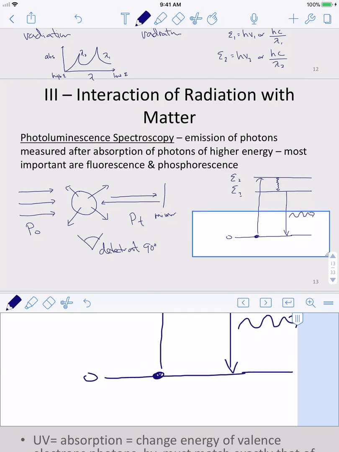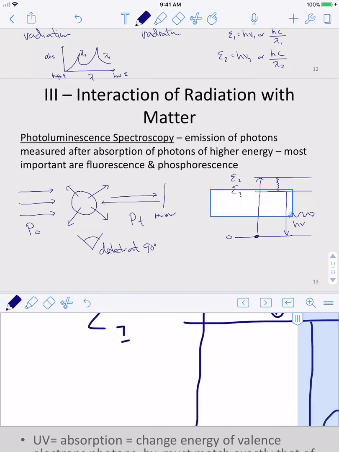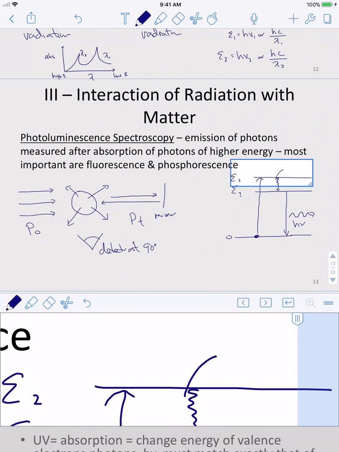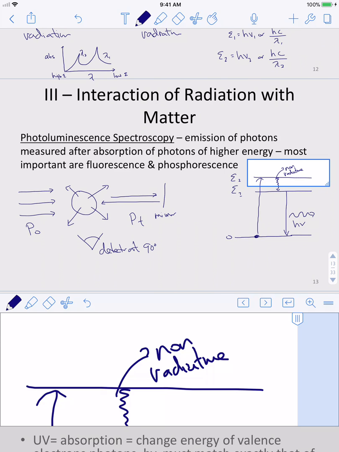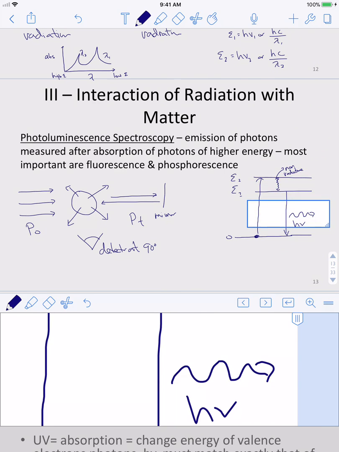So we get a photon out here, a photon of light released to account for that energy gap there. So this is a very simplified diagram. We're not gonna dwell on this right now. We'll look at a more complex one in a second. So this is non-radiative, meaning you don't release a photon. So it might just be heat transferred to the solution. And here is radiative. We get a photon out.